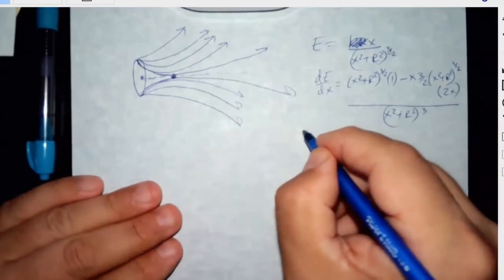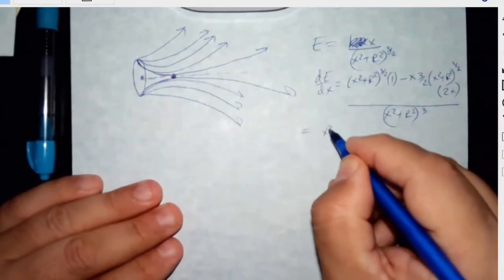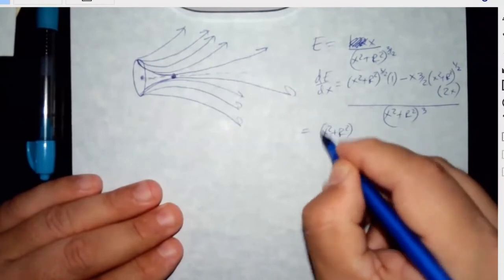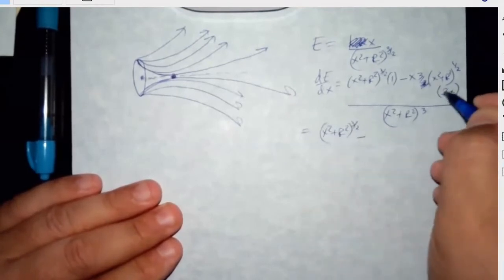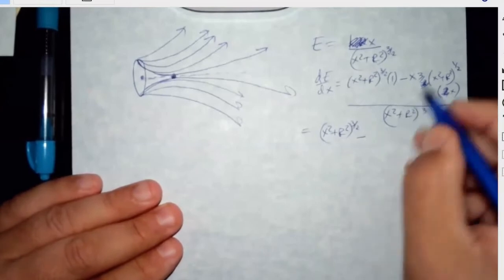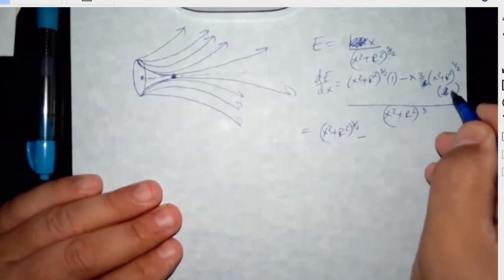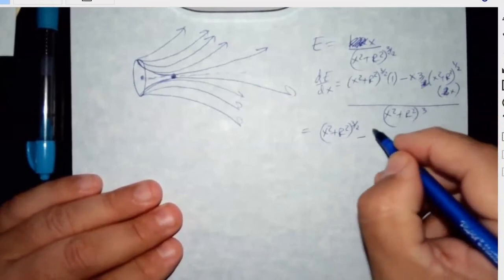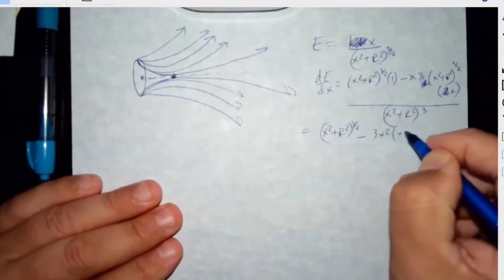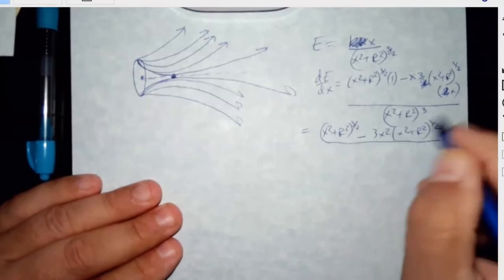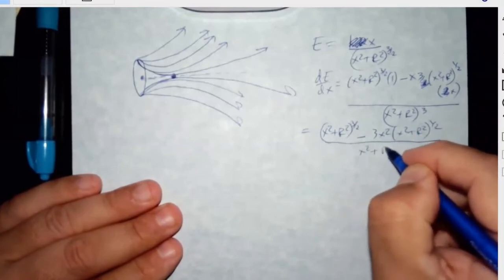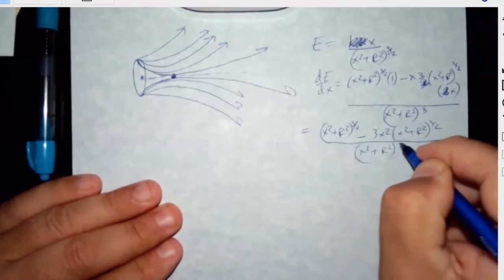So then you're going to have x squared plus r squared to the 3 halves, minus, the 2 cancels the 2, so then I have 3x squared, x squared plus r squared to the 1/2, over x squared plus r squared to the 3.